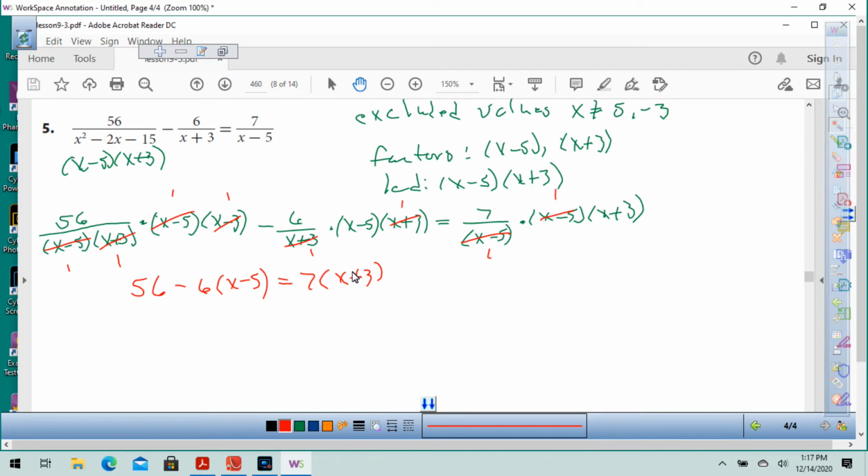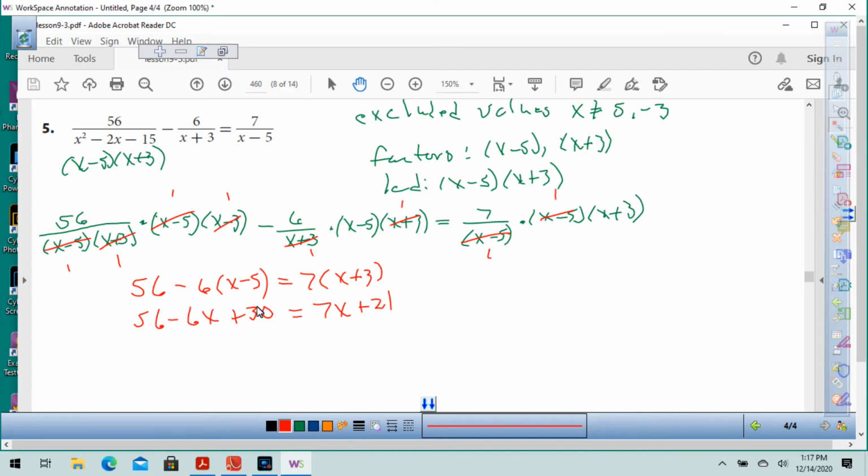Now, these look a whole lot more complicated than they really are. Do the distribution. You got 56 minus 6x plus 30. Negative 6 times x is negative 6x. Negative 6 times negative 5 is positive 30. All right, now you've got 7 times x, that's 7x plus 21.